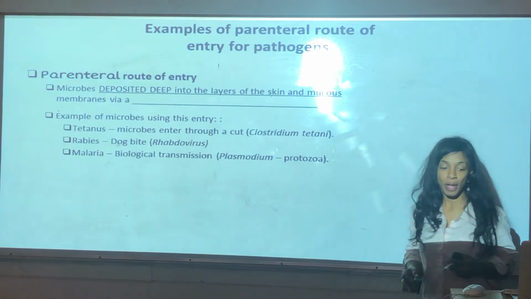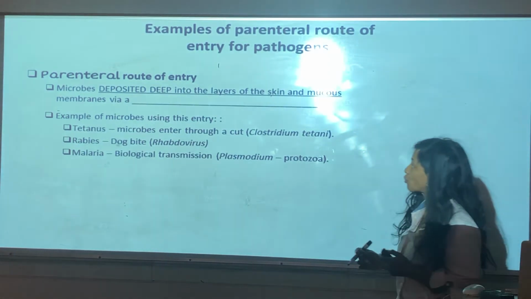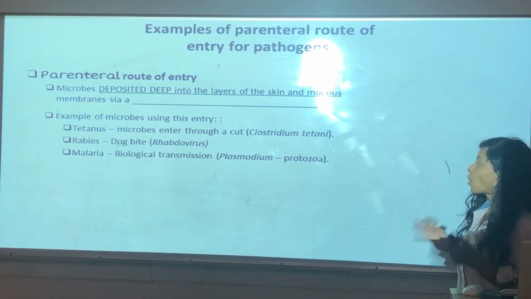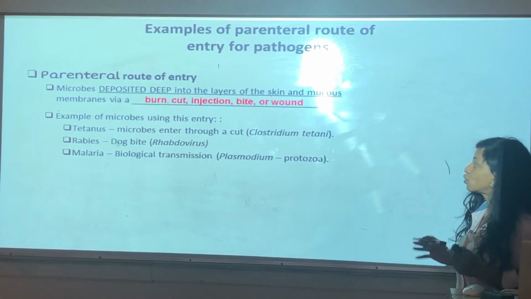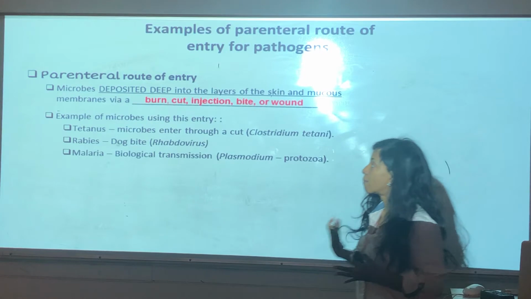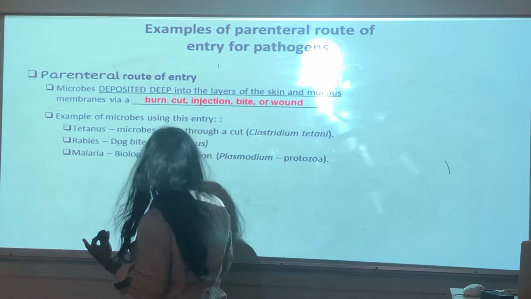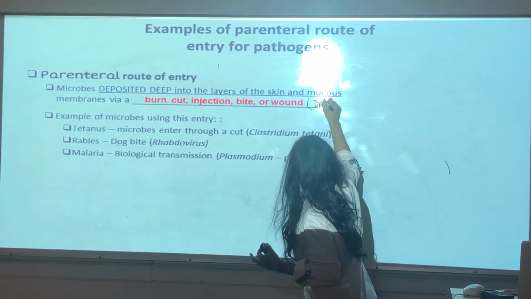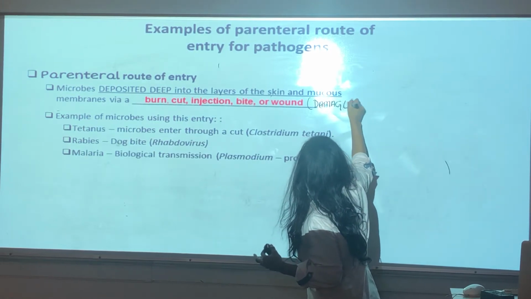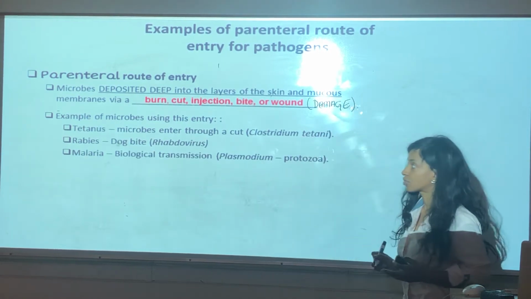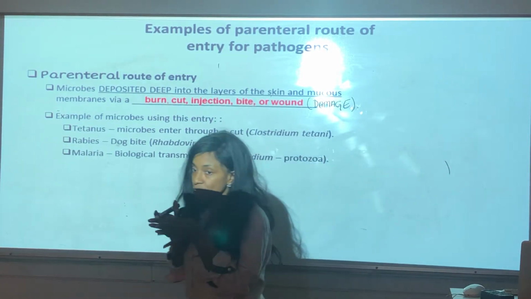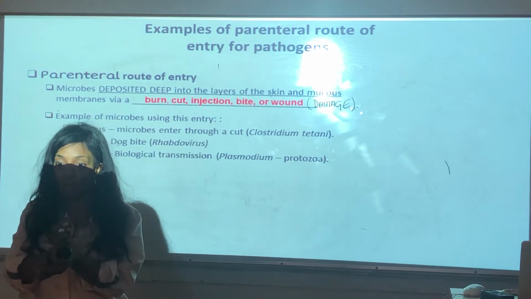So to compare the preferred route to the parenteral route of entry, parenteral route means that when the microorganisms enter, they usually enter when there's a burn, cut, injection, or wound. So there's already some sort of damage to the skin, all right? So the skin, which is naturally a dry area, now is damaged.